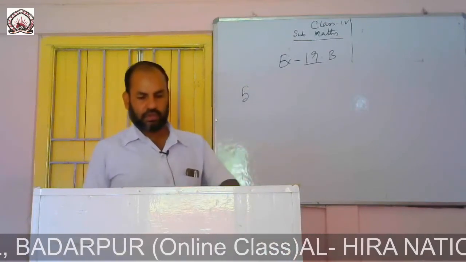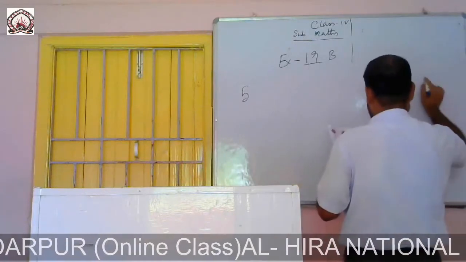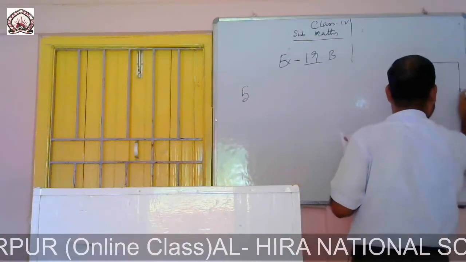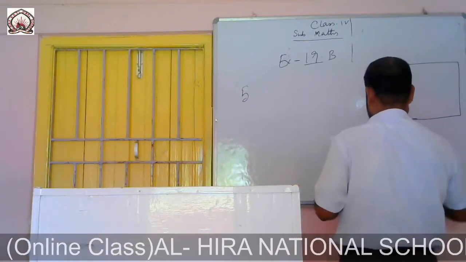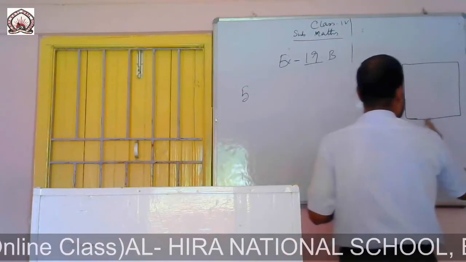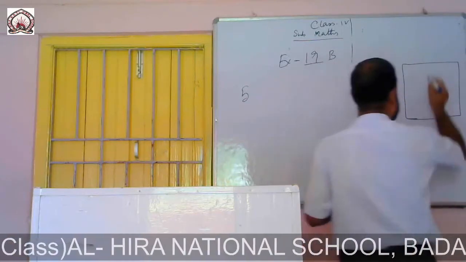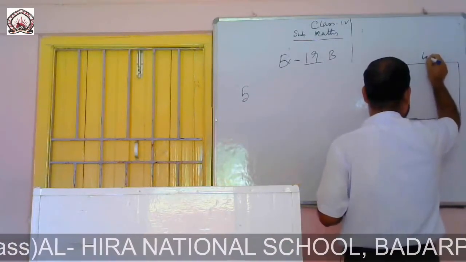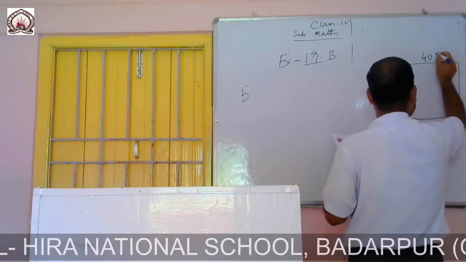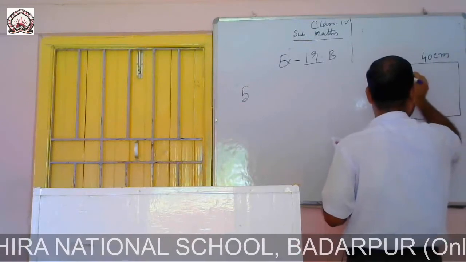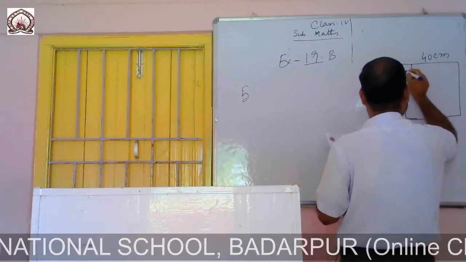So we have one cardboard. It is square, and side of the cardboard is 40 centimeter, and inside one square it is 2 centimeter.